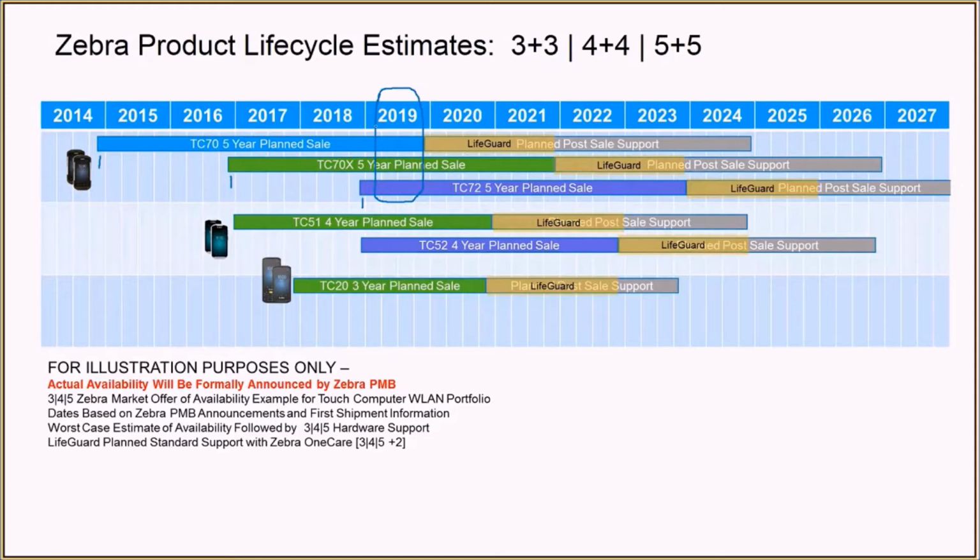Now, the customer has an opportunity to transition to the 70X or to skip the 70X altogether and move up to the TC72, all with that story of the back room protecting the charging capabilities, the cradle capabilities, all of that back room and peripheral strategy being backwards compatible. And this is, again, much more predictable than it was in the Windows CE world and much more structured.